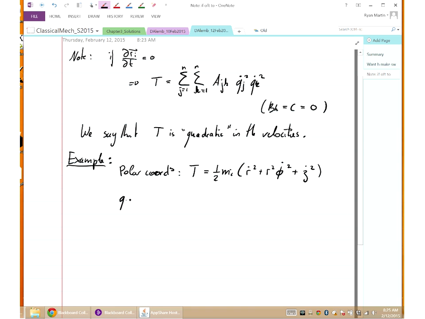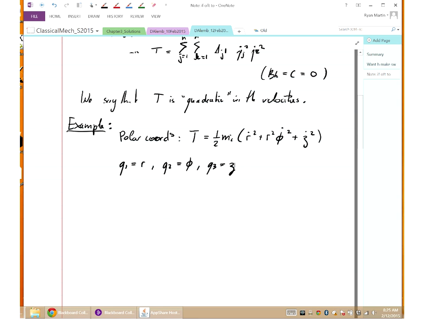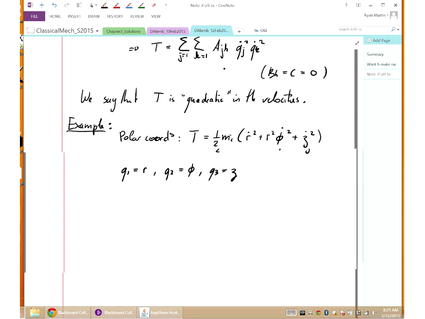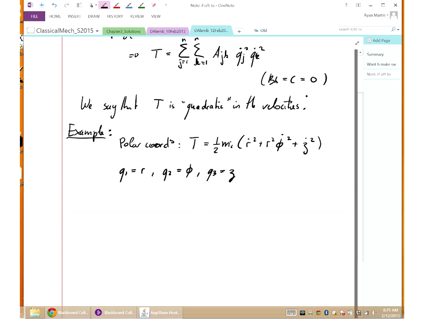So in polar coordinates, where we have Q1 equals r, Q2 equals phi, and Q3 equals z, then we have, again, only AJK terms in here. We don't have BK or C terms in there. They're all quadratic in the velocities. And so then we have A11, that's equal to a half mi. That's the term in front of r dot squared.